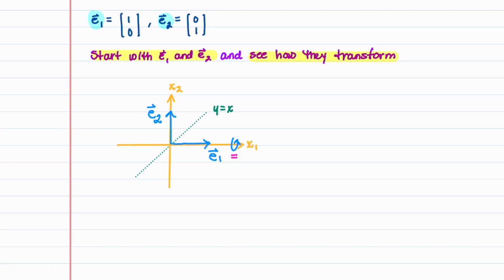Let's label this one as T1 of E1 because we have two transformations. And now let's find T1 of E2. E2 is going to come down here because it's going to reflect around the x1 axis. So let's label this one as T1 of E2.